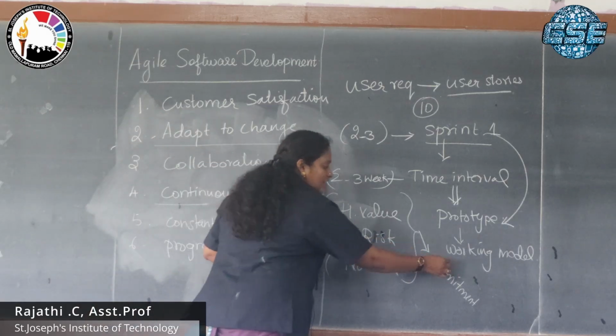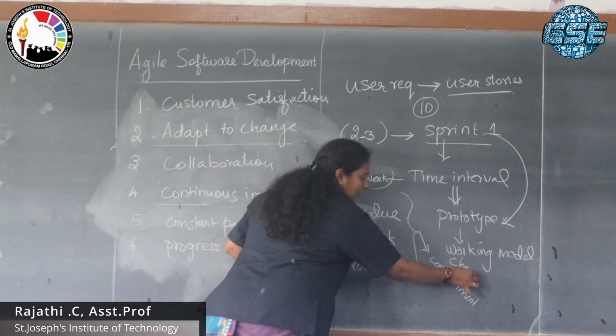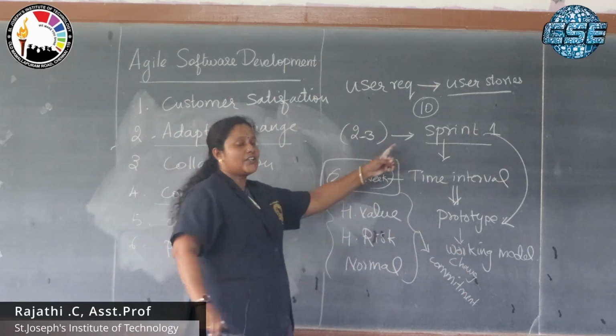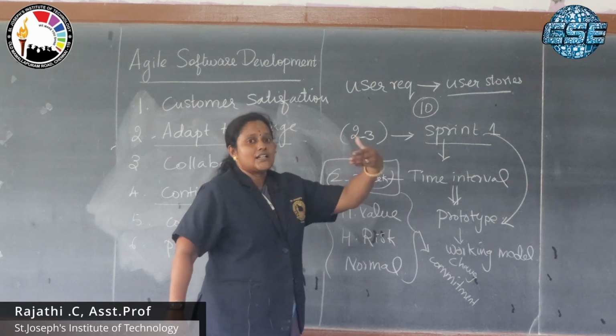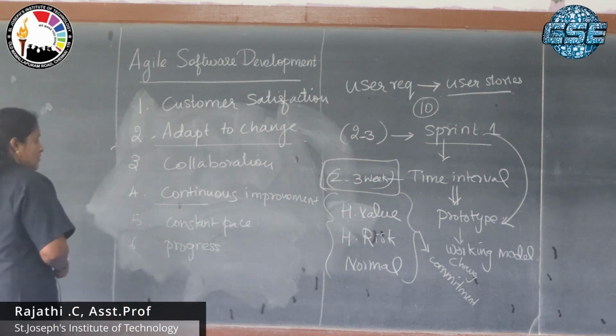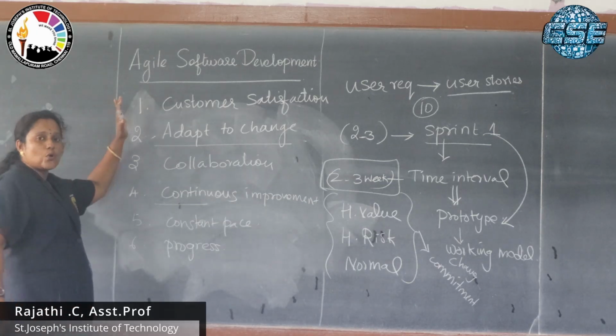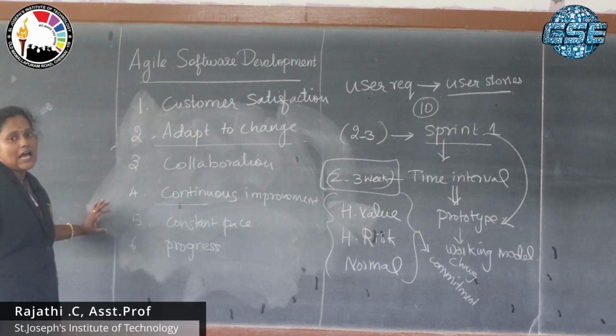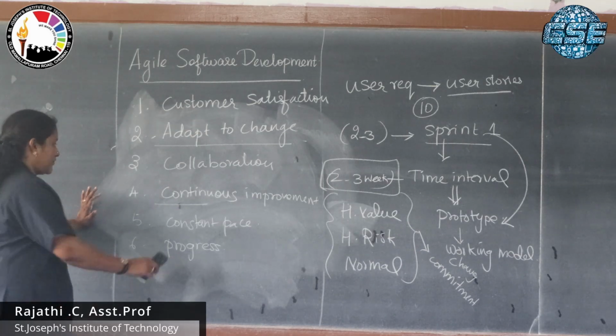Then the change can be incorporated, and within the stipulated time period, sprint 1 has to give the updated version of the requirement. So likewise, Agile satisfies all these principles in agile software development.